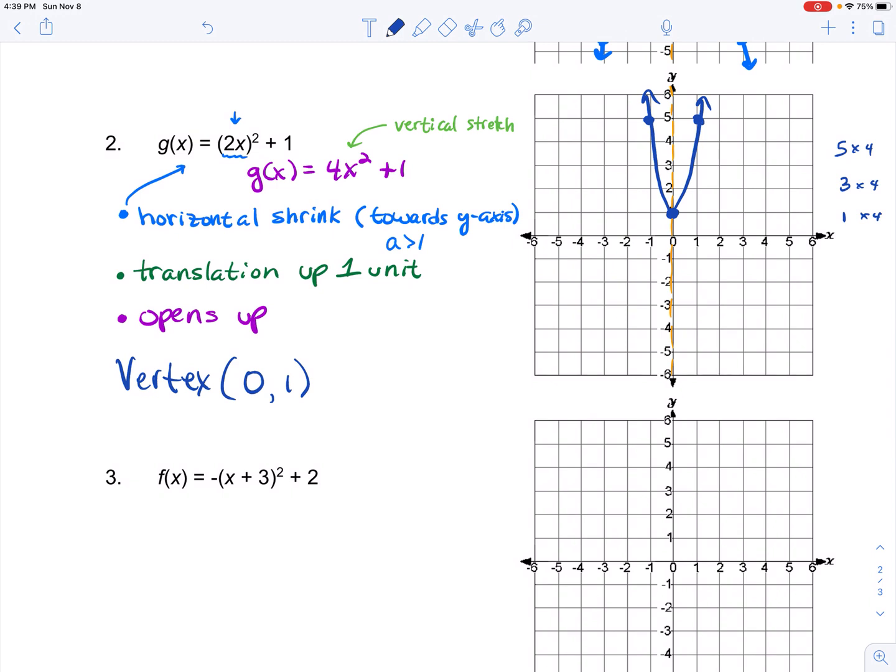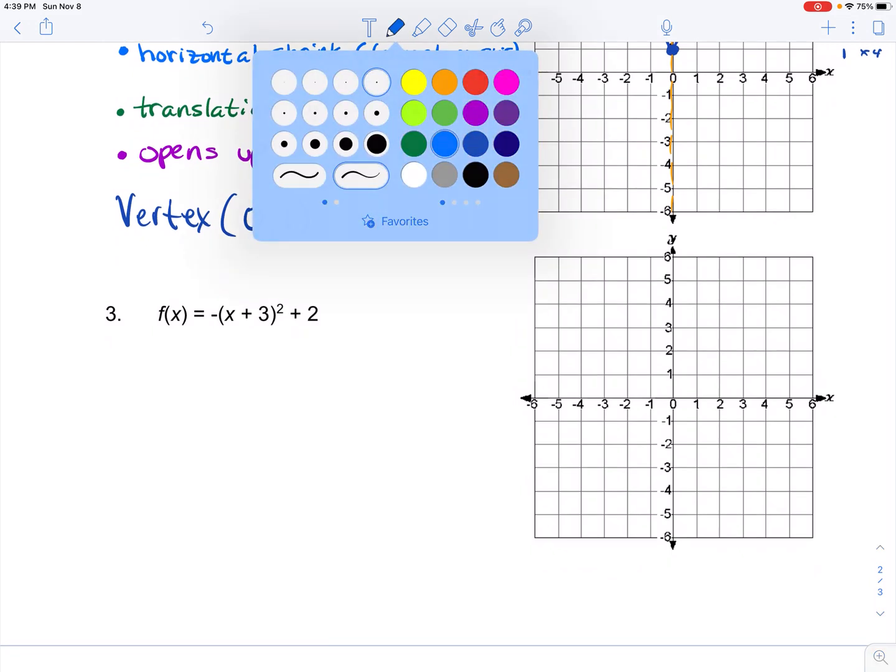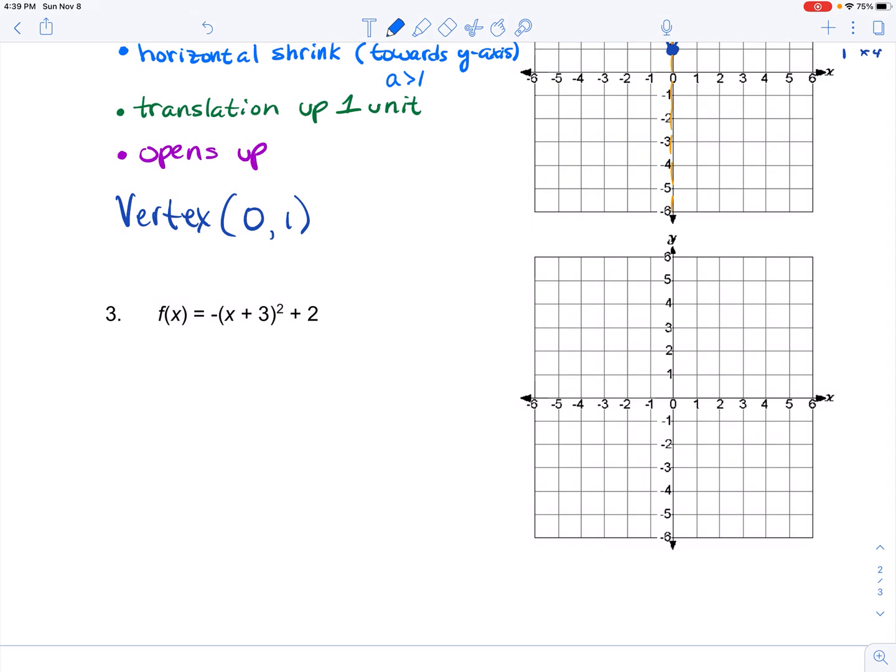One more graph and we are finished today. So, the last one. Now this is the vertex form that you're used to seeing, I think a little bit better. So let's talk about the whole thing. A is negative 1. A equals negative 1.